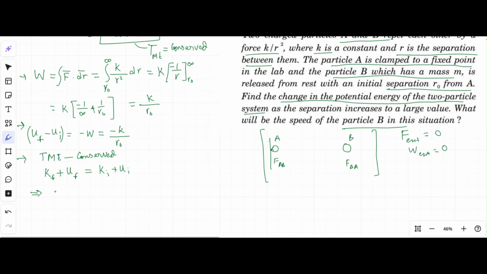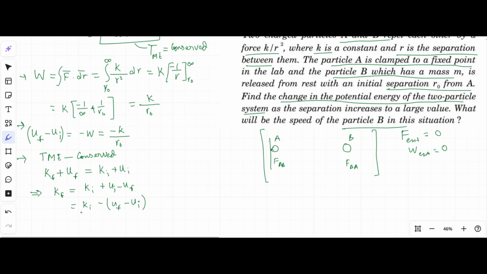So we can write Kf is equal to Ki plus Ui minus Uf, which can be written as Ki minus (Uf minus Ui).